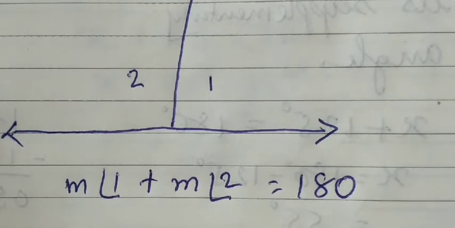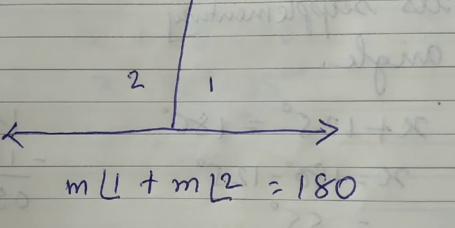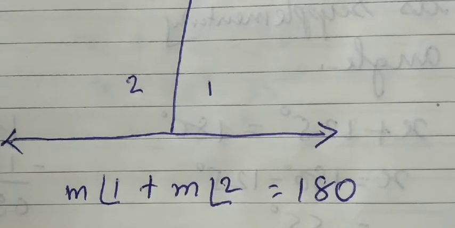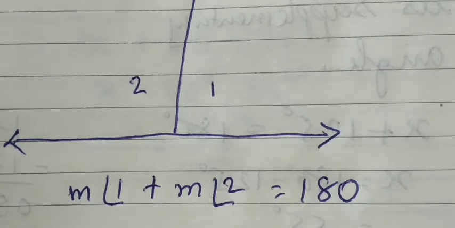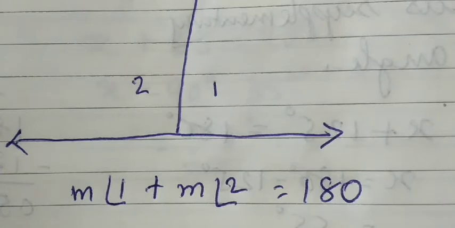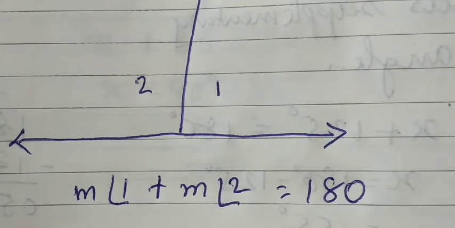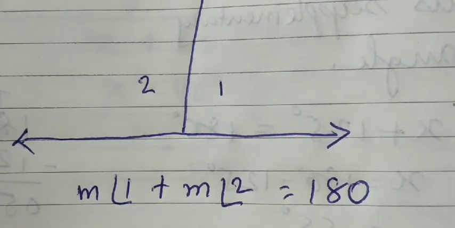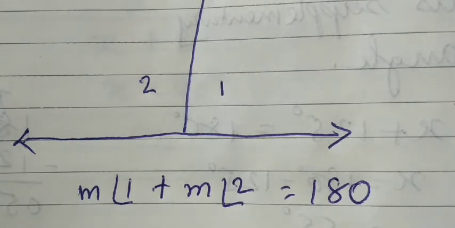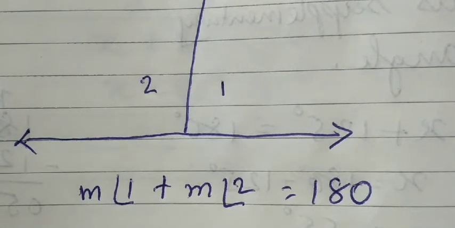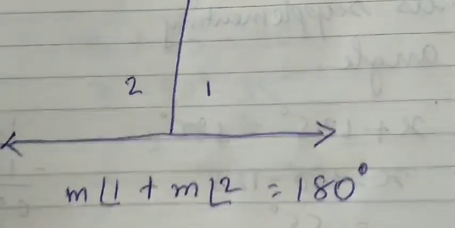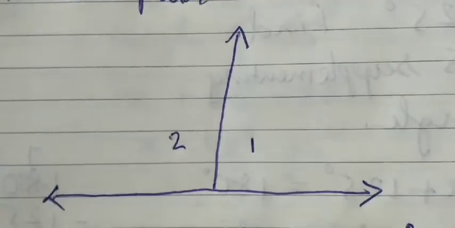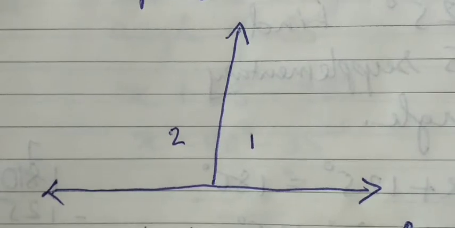What is the difference between a linear pair and supplementary angles? In supplementary angles, two angles in the pair can be separate. They don't share a common arm, right? So two different angles with such measures, when you add them, you get 180 degree. But linear pair is such a pair where they share one common arm.